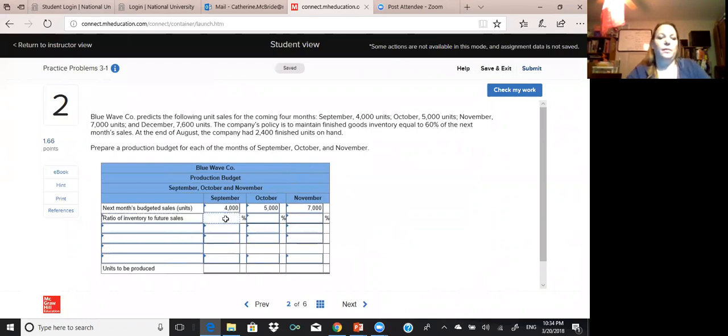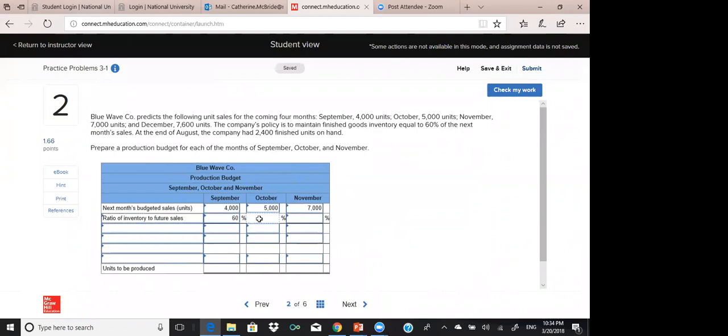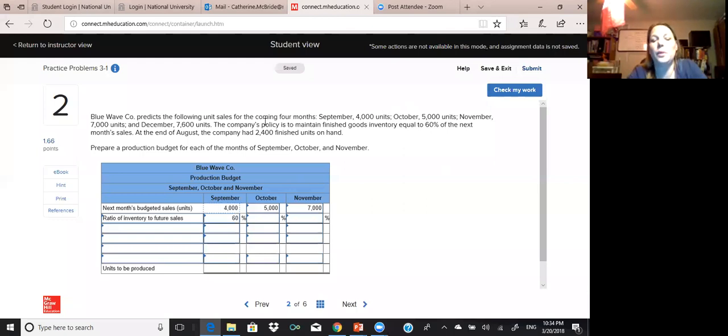Should we put 5,000 instead of 4,000? Because it's next month's budgeted sales, yes. I'm used to doing it differently. So October is 5,000. November is 7,000. December is 7,600. 60%.